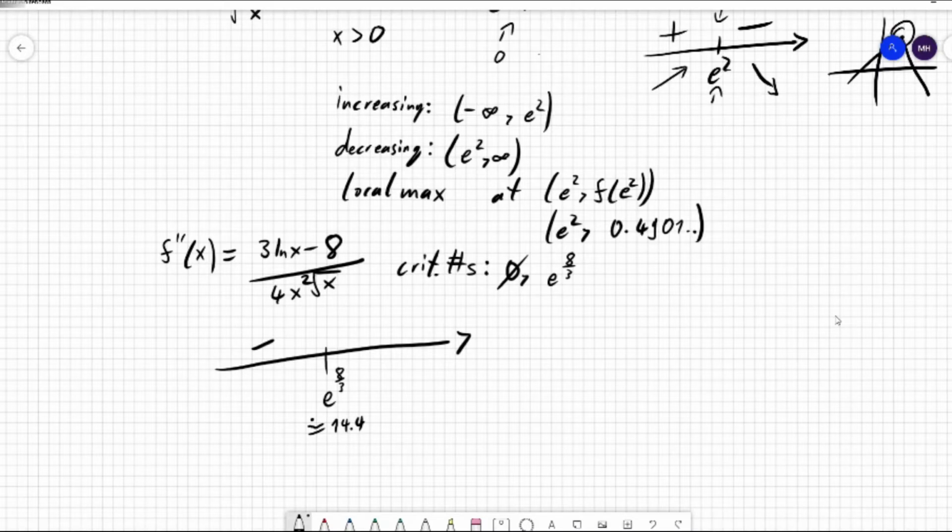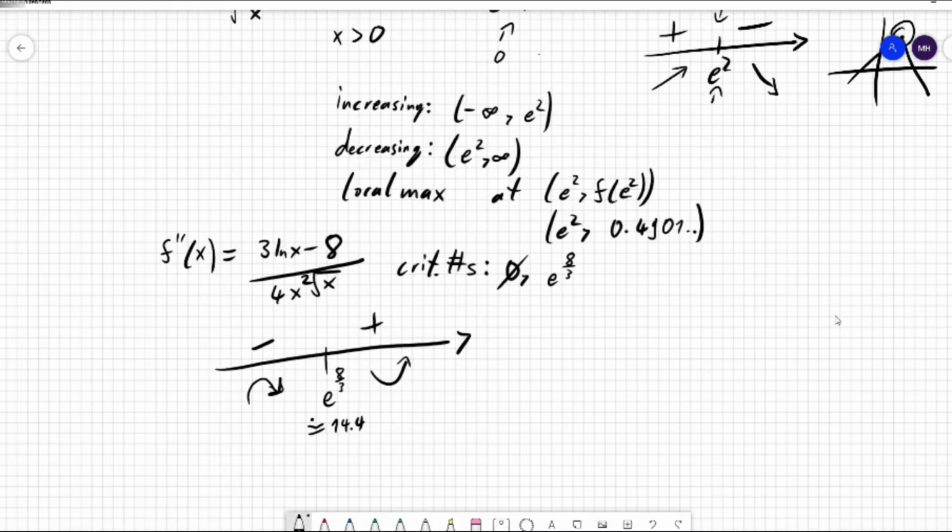So you just write that there, which basically means that it's decreasing on this side. And then you just use a bigger number, so you do 3 ln, let's say, 15 minus 8 over 4 times 15 squared times root 15. That's bigger than 0. So it goes like this.